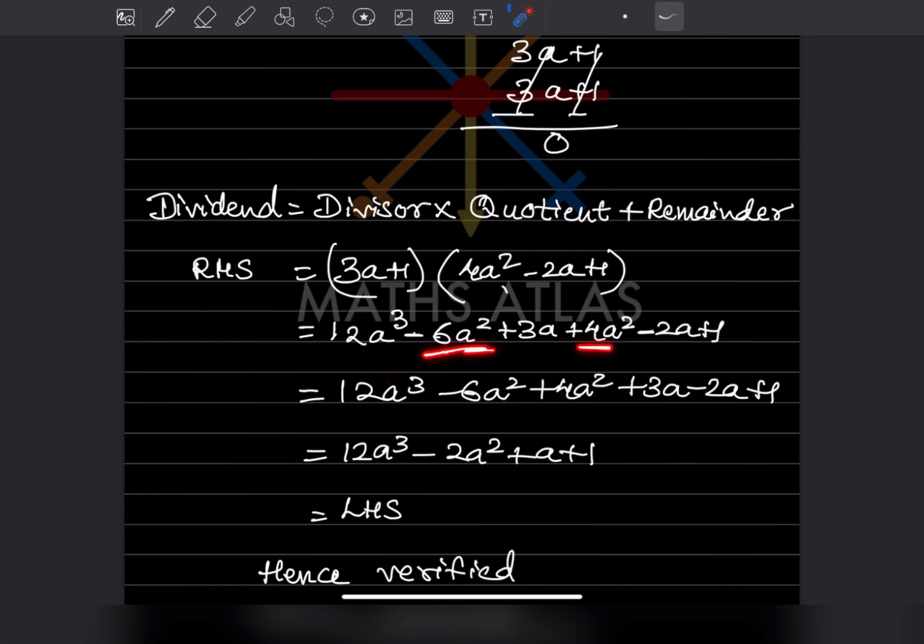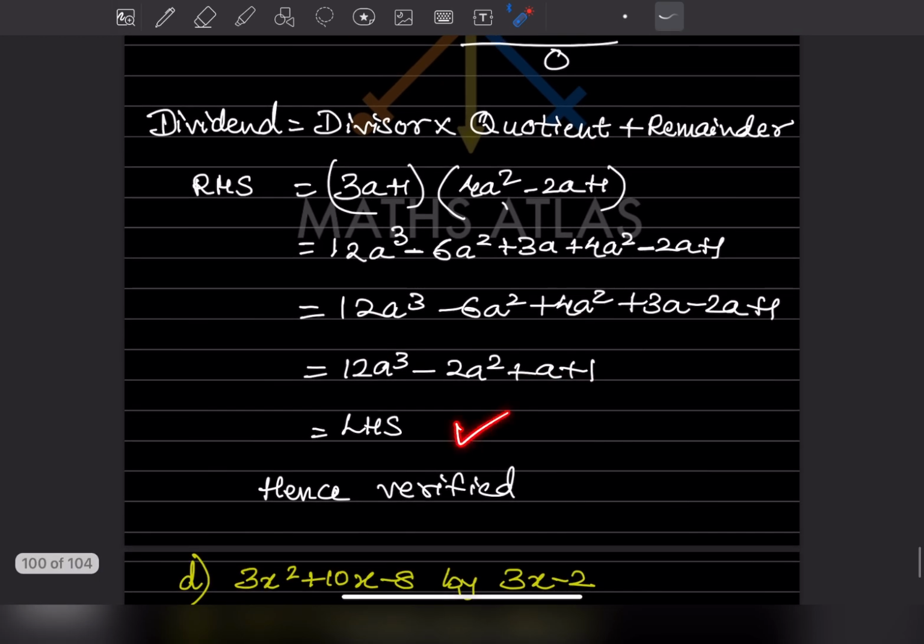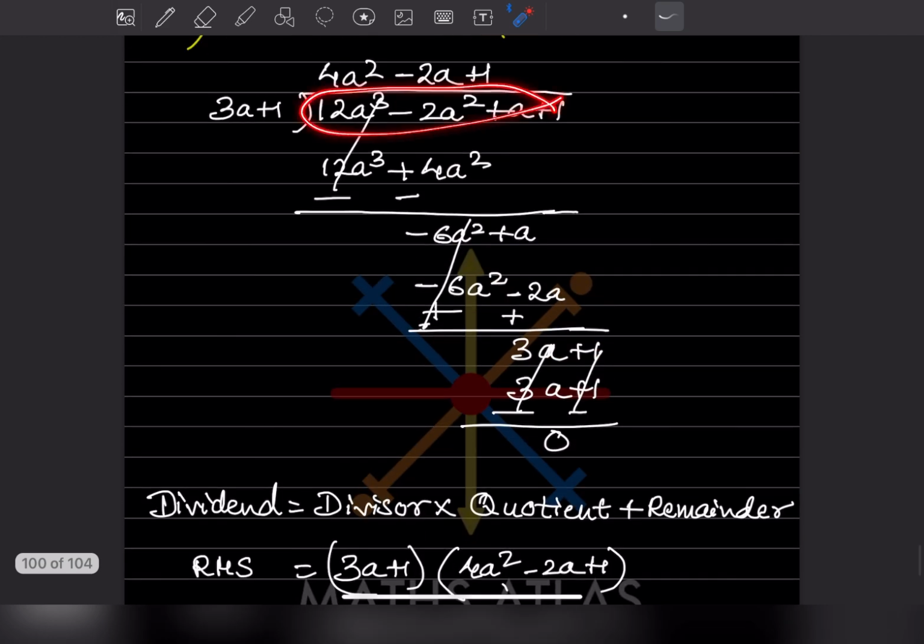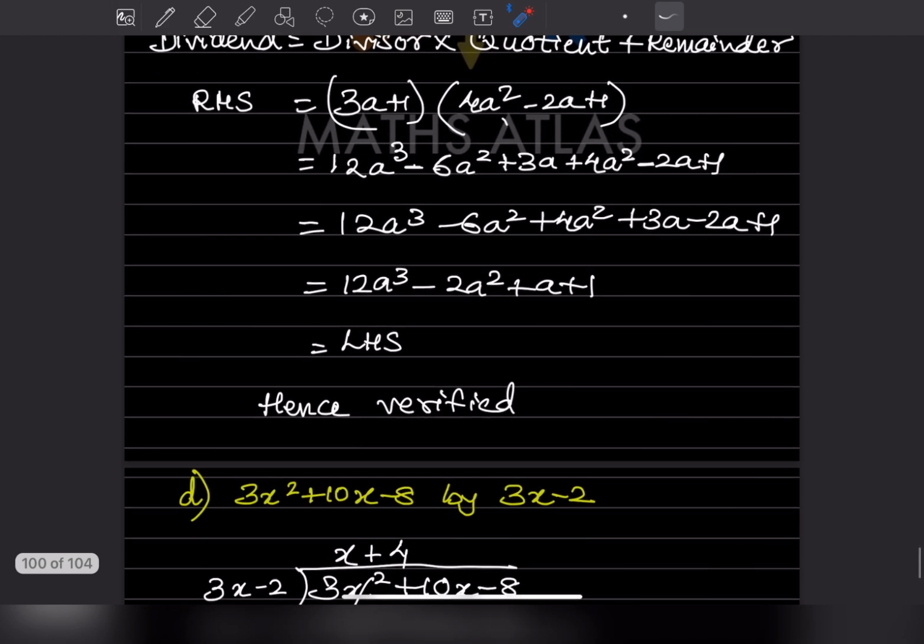Minus 6a square plus 4a square, that is taken together. Minus plus 3a minus 2a, that is taken together. And this is plus 1. So this will be here. Minus 6 plus 4, that is going to be minus 2a square. Plus 3 minus 2 is going to be plus a. And this is 1. So this is, what is that? That is the LHS. So that is verified.